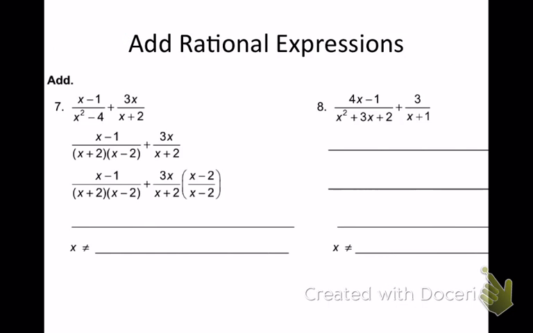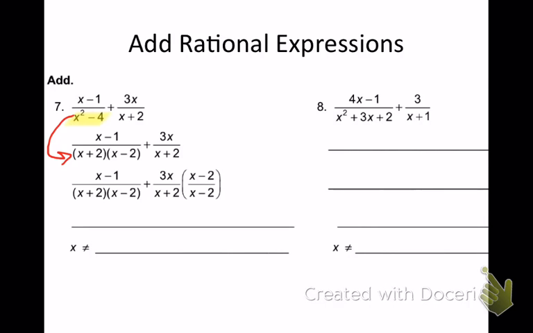So let's try number 7 here. Go through this slowly. I have x minus 1 over x squared minus 4 plus 3x over x plus 2. Notice my denominators are not the same. First thing I did was factor the left one there. Difference of squares, it was x squared minus 4. I get x plus 2, x minus 2. Is everybody good with how we get x plus 2, x minus 2 there?